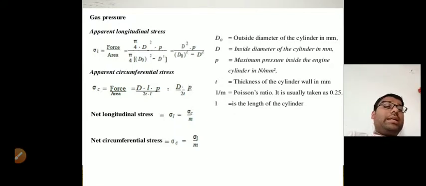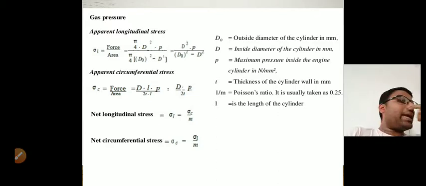Now, the net longitudinal stress, affected by circumferential stress, is equal to sigma L minus sigma c divided by m, where 1 upon m is known as Poisson's ratio and it is usually taken as 0.25.